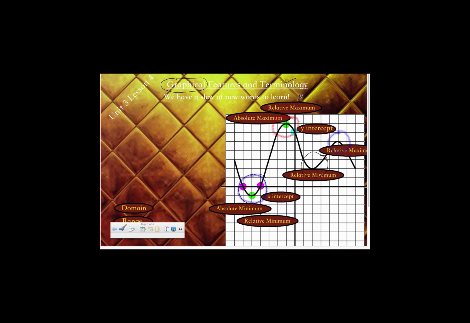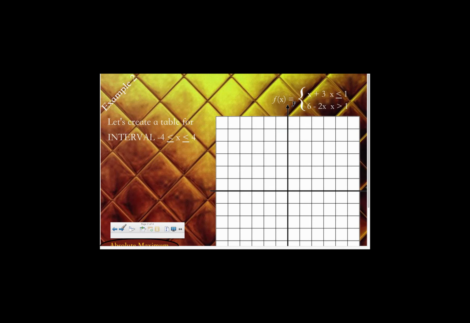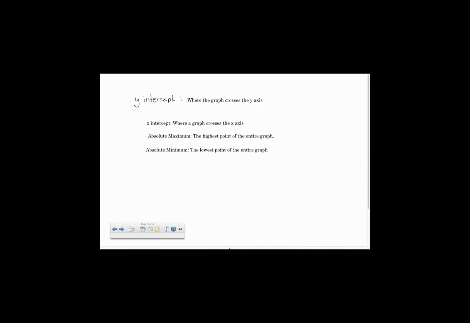But before we do that, let's go back to that vocabulary page and write down our new vocabulary.